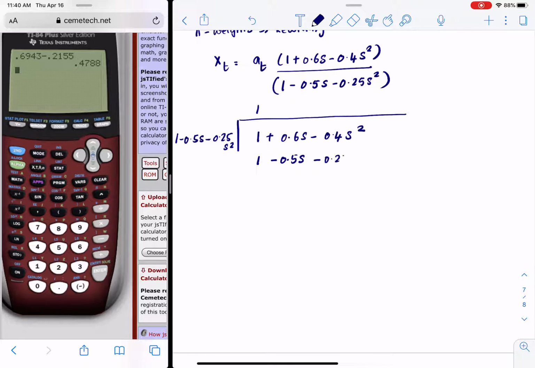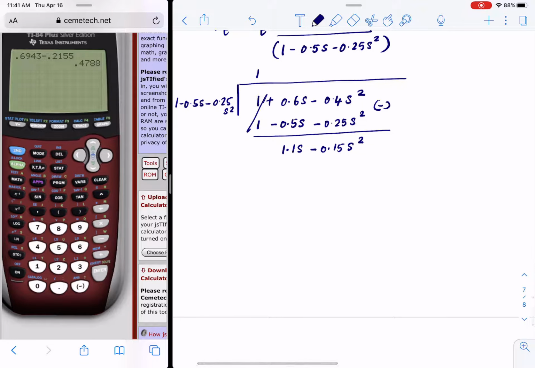So I'm going to put 1 there, so I get 1 minus 0.5s minus 0.25s squared. We subtract. Those two would go away, and we have 1.1s minus 0.15s squared. Now we multiply by 1.1s.